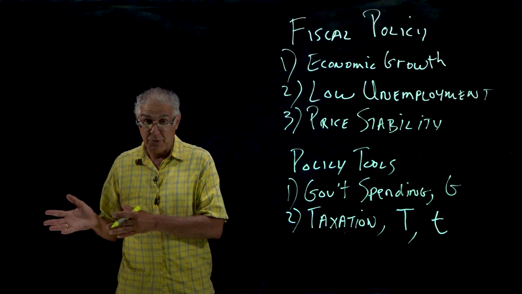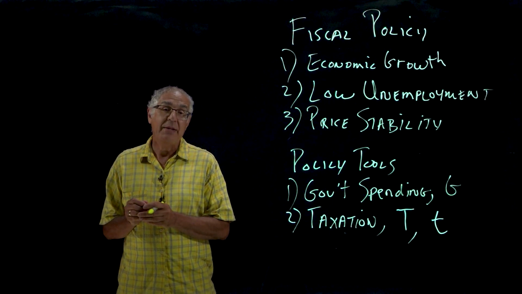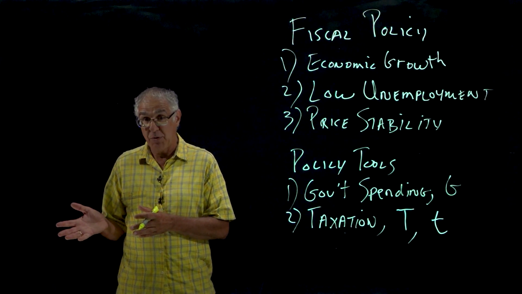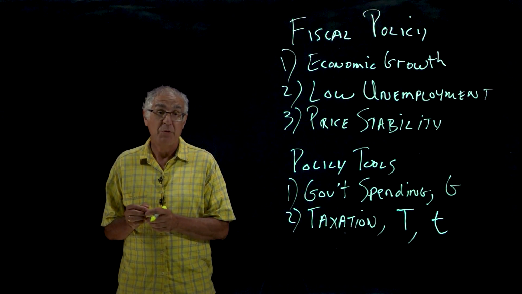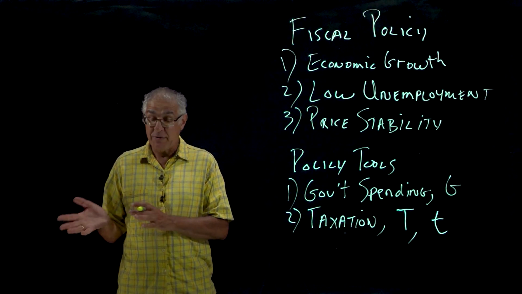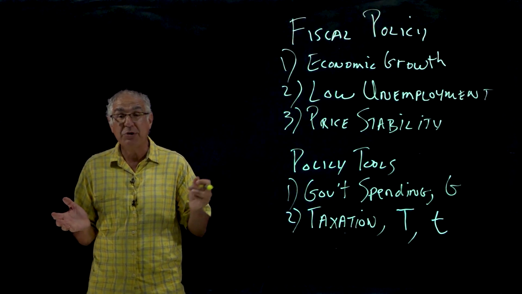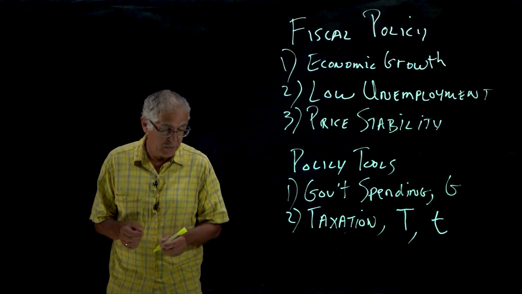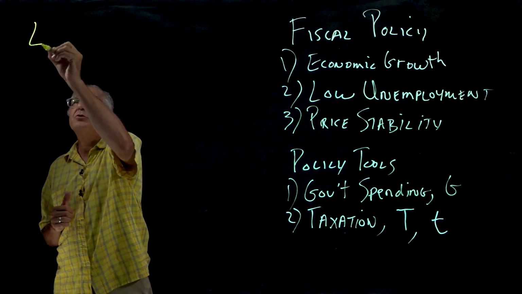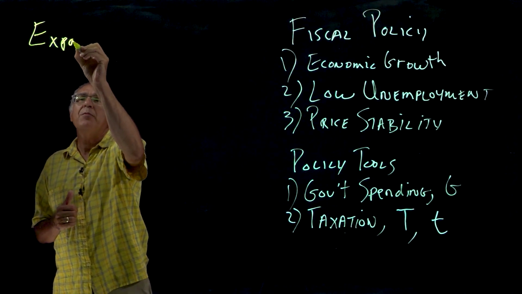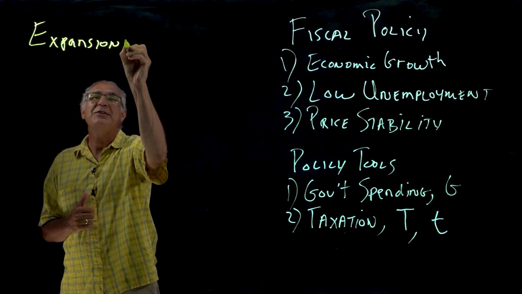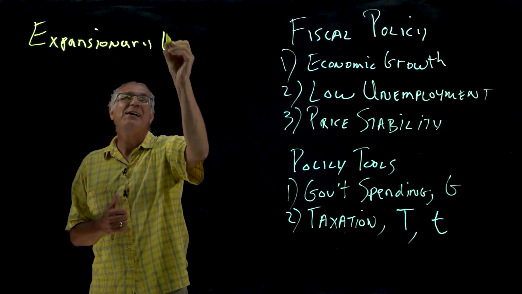In fact, there's downward pressure on prices. And as well, we have low economic growth typically, when we have output below its potential level. And in that case, the appropriate fiscal policy would be expansionary fiscal policy.